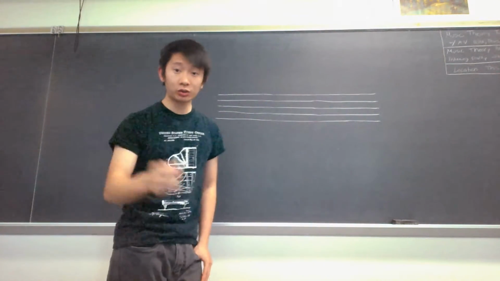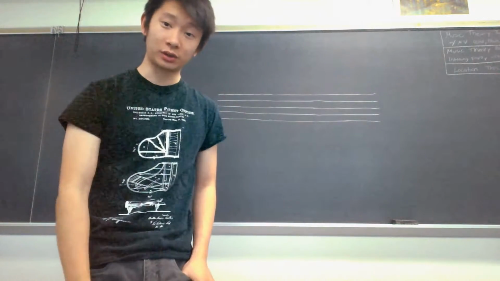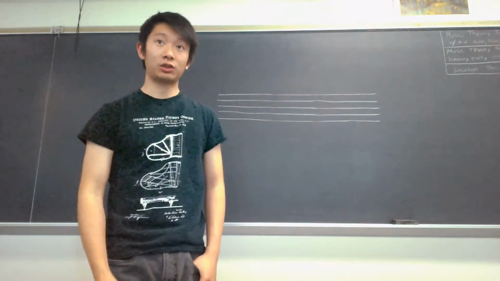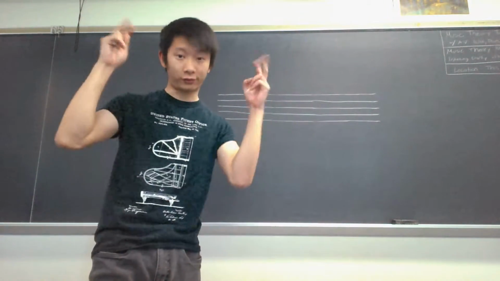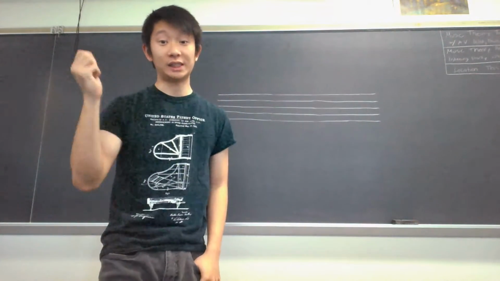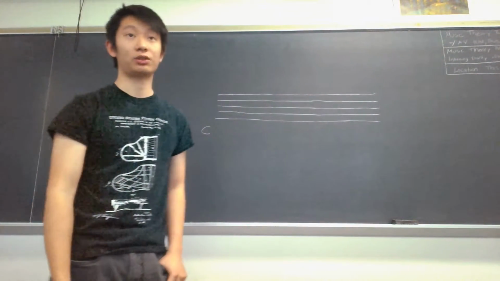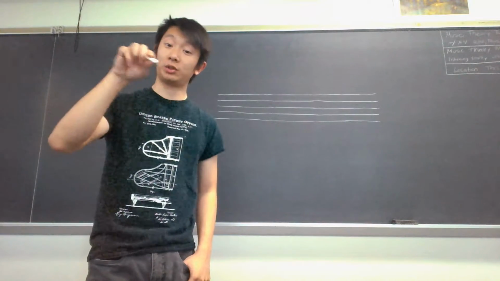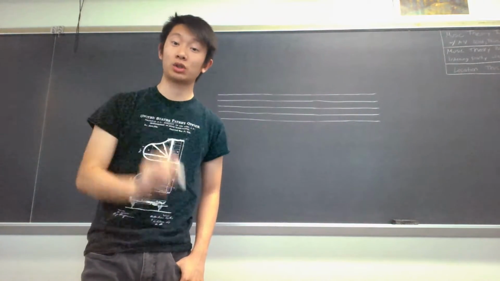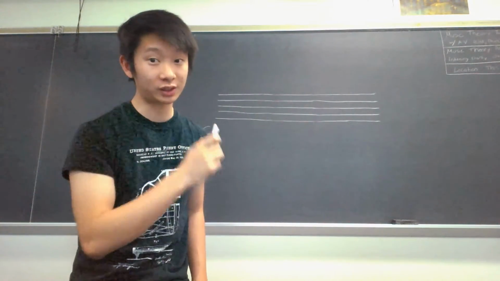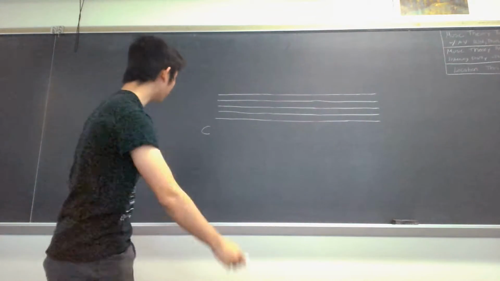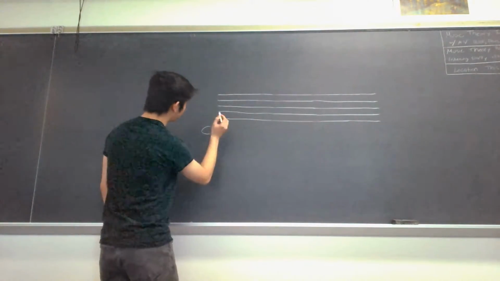Scale degree number 2 is going to be D, and when we lower it or flat it, we get D flat. We build a D flat major triad, and that will be our Neapolitan in the key of C major.